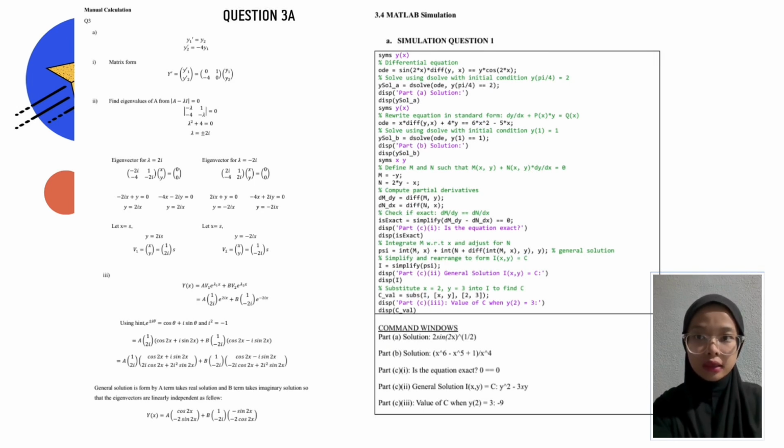On the other hand, MATLAB allows us to perform these steps much faster. By using the exponential function and symbolic computation, we obtain the same general solution with much less effort and higher accuracy. The main difference here is that manual calculation gives us a better grasp of mathematical concepts, while MATLAB speeds up the computation.